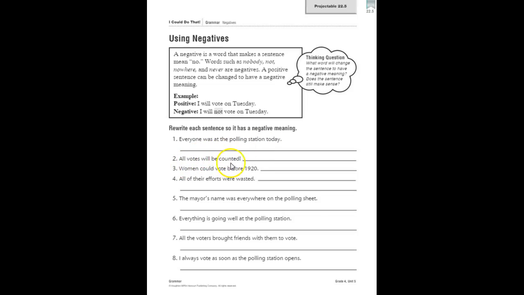How about all votes will be counted? How could we make that a negative? How about no votes will be counted? Women could vote before 1920. Women could not vote before 1920.